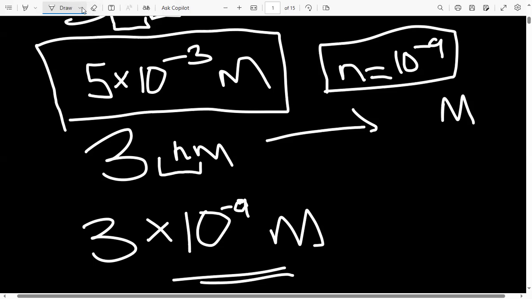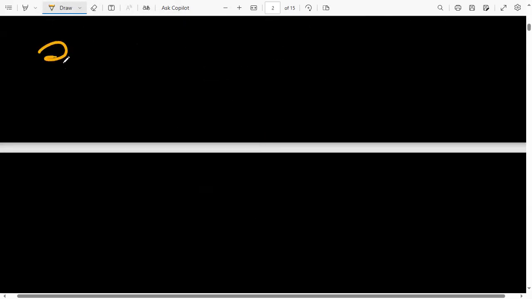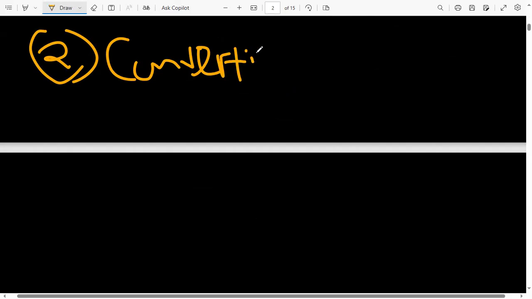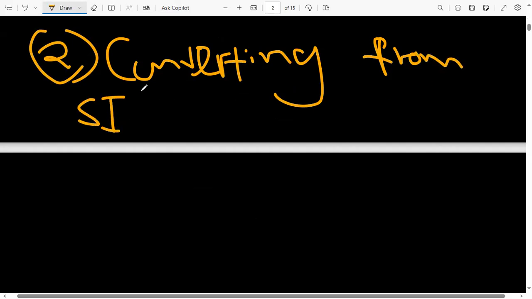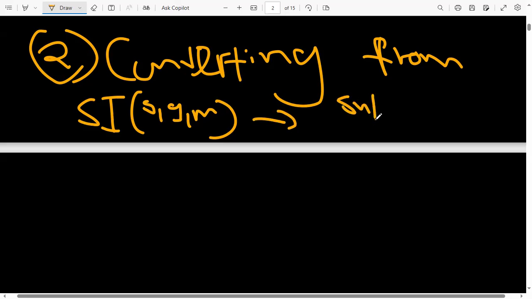Okay, let's move on to the second one. The second situation is when you're converting from the SI units, meaning from something like seconds, grams, or meters, to the sub-multiples or the multiples.